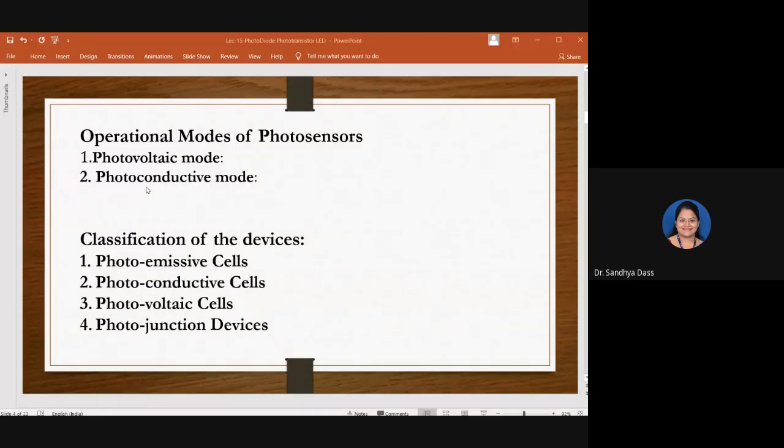So there will be two types of mode of operation there: photovoltaic mode or photoconductive mode. So this leads to the classification of the devices into mainly four categories: photoemissive cells, photoconductive cells, photovoltaic cells, and photojunction cells. I'll just brief about these, what are they and all.